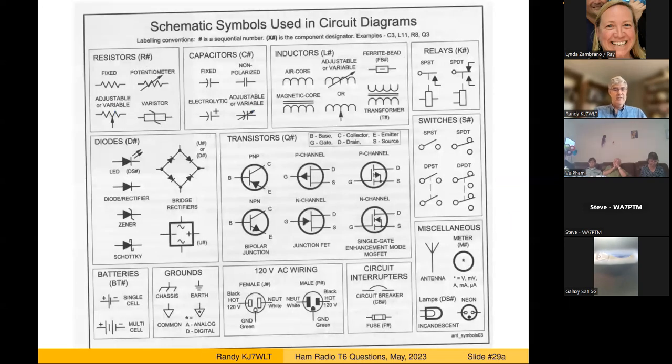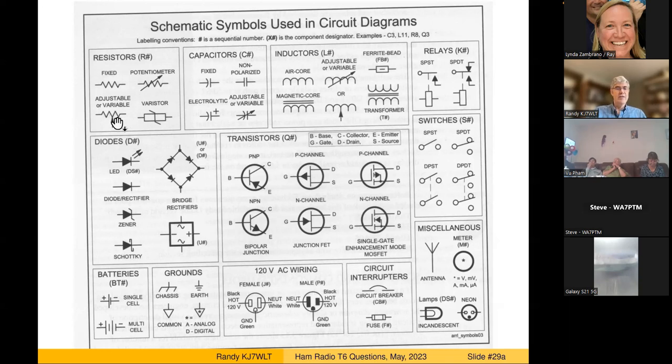And I've mentioned what the symbols in a schematic diagram are for various things. So we have a resistor up here in the top left, but then there are various kinds of resistors. There's an adjustable or variable resistor, also called a potentiometer. Remember that you can use it to adjust the volume, for example. And that looks like a resistor, but this arrow here indicates something that you can slide along it and change how much resistance it's supplying to the wire that's going through it.